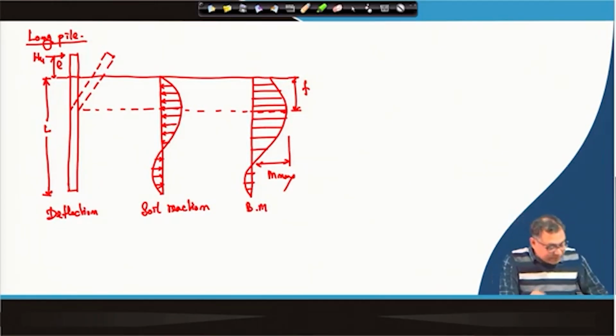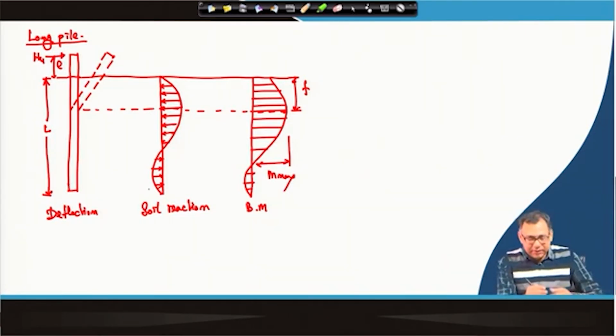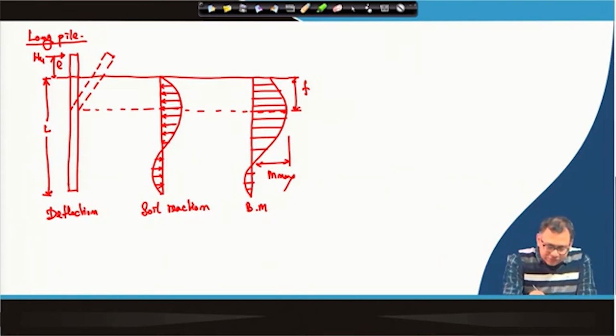Now, for this particular case, what equations are valid? Again we assume that the lower portion, this negative and positive, are balancing each other, and this distribution is more or less linear in the top portion. So, I can write that equation 2 is valid here.